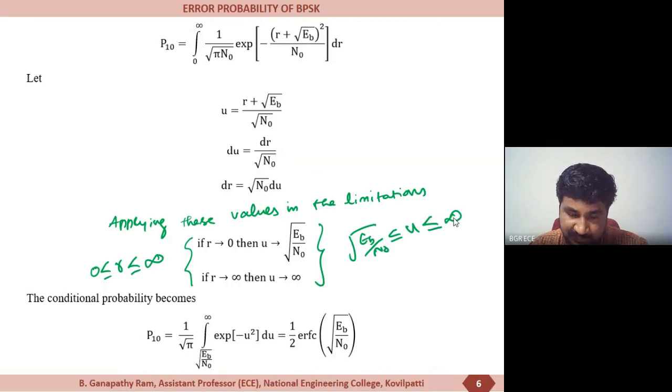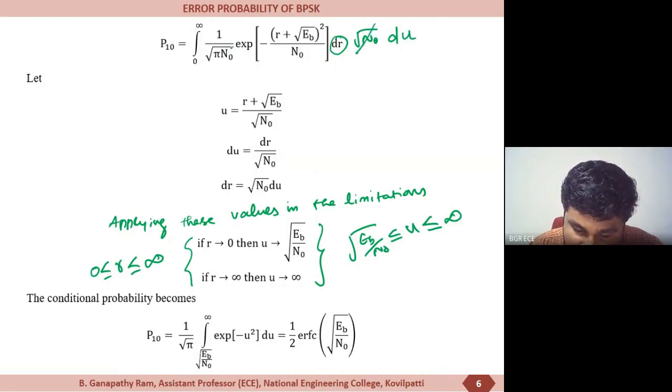Applying all these values in the above expression, the conditional probability for receiving the binary information 1 when 0 is transmitted is given by P10 is equal to 1 divided by square root of pi. Here, instead of dr, I am going to substitute square root of N0 into du.